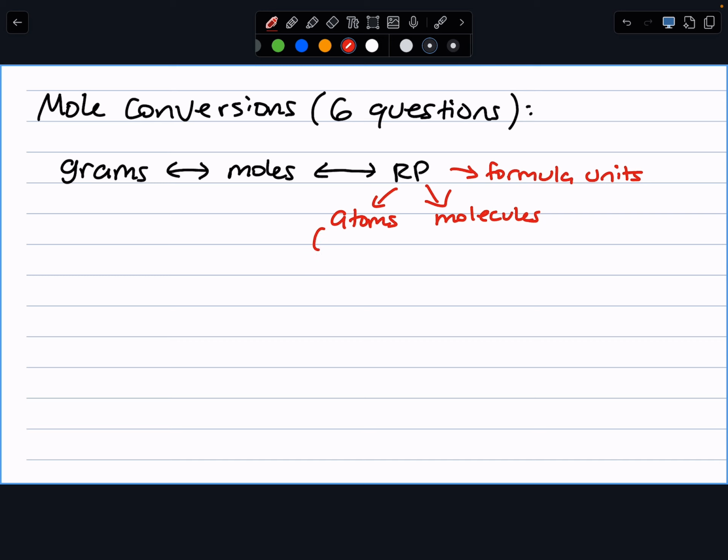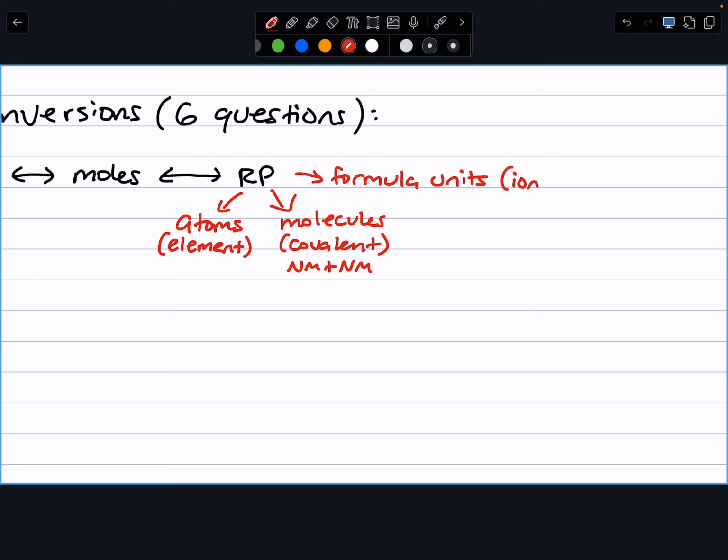If my substance is a single element, yes, I use atoms. What if my substance is a covalent compound with 2 nonmetals? If my substance is a nonmetal and a nonmetal, it's a covalent compound, so it's molecules. And then formula units are for ionic compounds, when I have a metal with a nonmetal or a metal with a polyatomic ion.